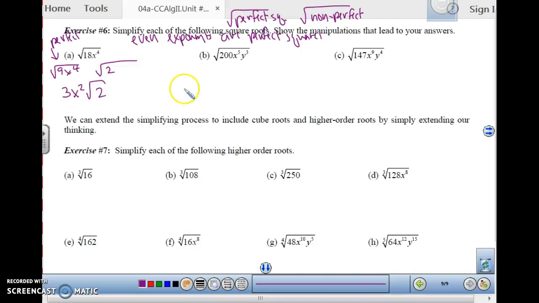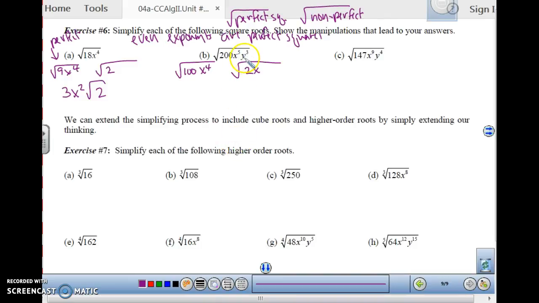All right, so making my list here, the square root of 200x to the 5th y cubed. Perfect, non-perfect. 200 is 100, a perfect square, times 2. X to the 5th. What's the biggest even exponent that goes into x to the 5th? It would be x to the 4th, so it would be x to the 4th times x.